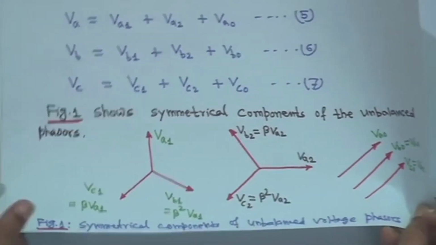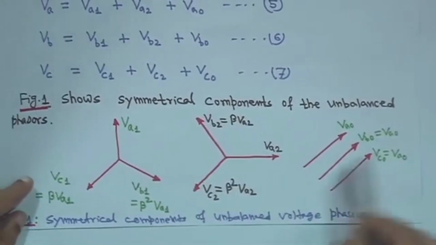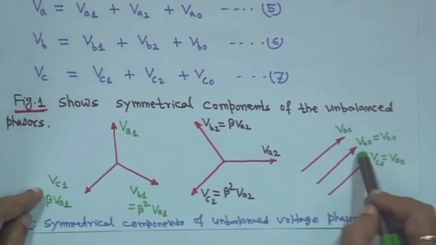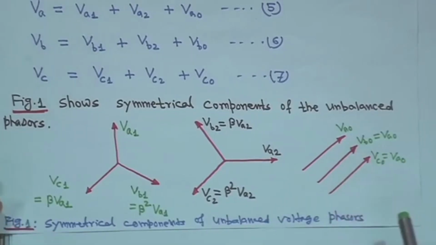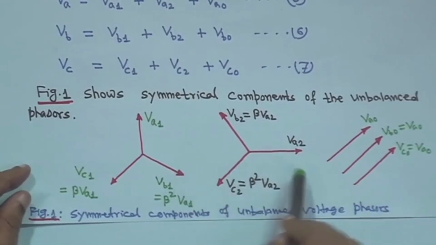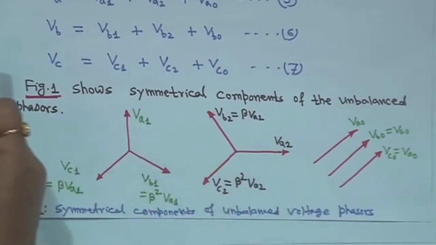And this is the zero sequence, they are all in the same phase. So, Vb0 is equal to Va0 and Vc0 is equal to Va0 because they have equal magnitude. So, these are the symmetrical components of the unbalanced voltage phasors. Easily you can make this one.